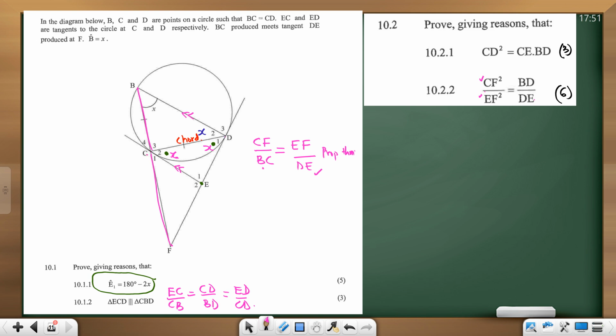Oh, but BC is equal to BD, right? Check. That has been given. Okay, CF over BD. I kind of have all the letters. It's just the arrangement. Do you notice?